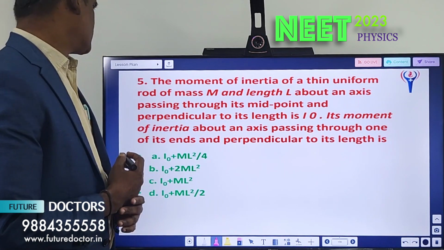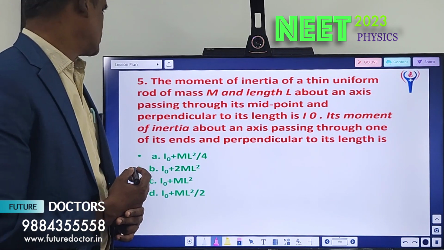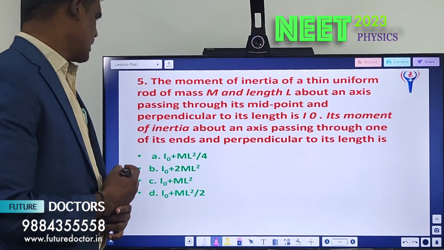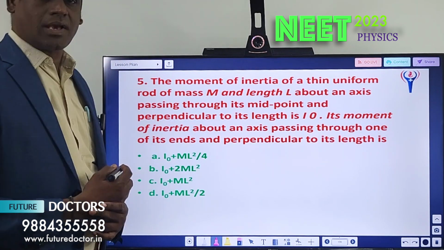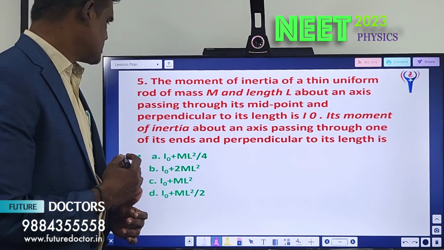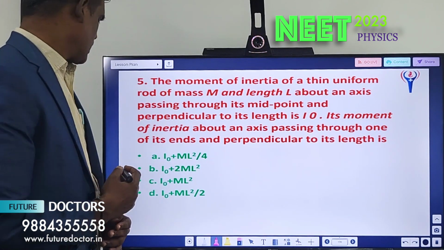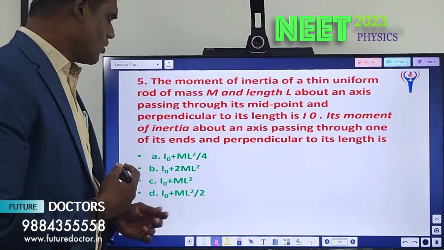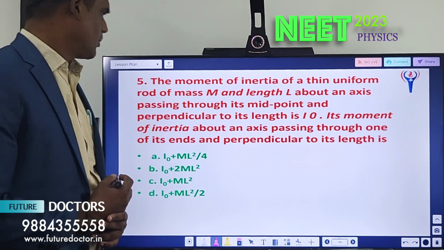Its moment of inertia about an axis passing through one of its ends and perpendicular to its length is dash. A: I naught plus M L square by 4. B: I naught plus 2 M L square. C: I naught plus M L square. D: I naught plus M L square by 2.